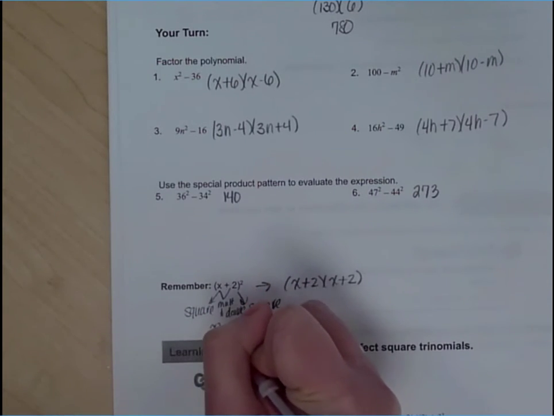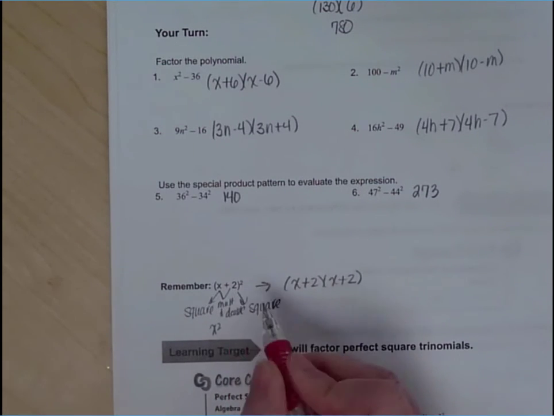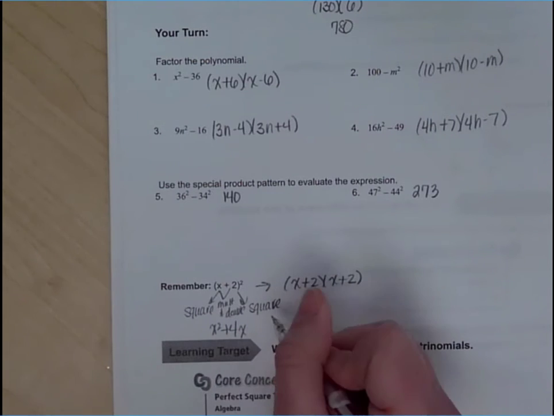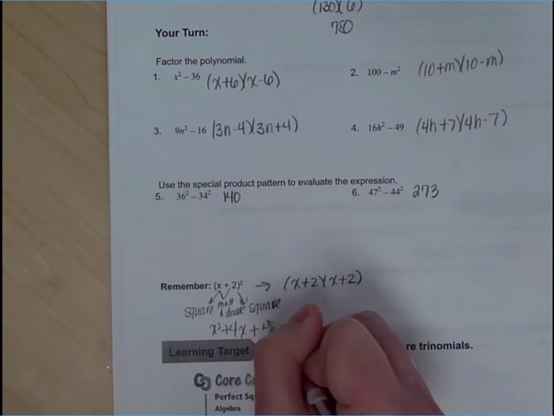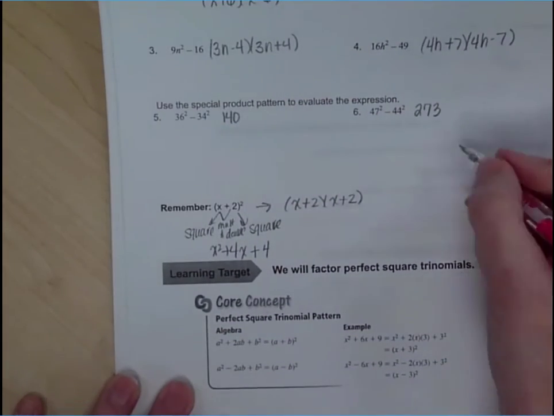So that gives us x squared, multiply together, x times 2 is 2x, double that, plus 4x, square this, we end up with 4. So square, square, multiply, and double.